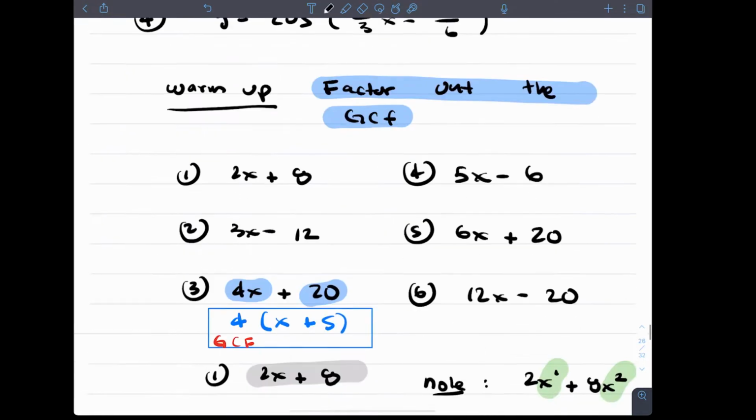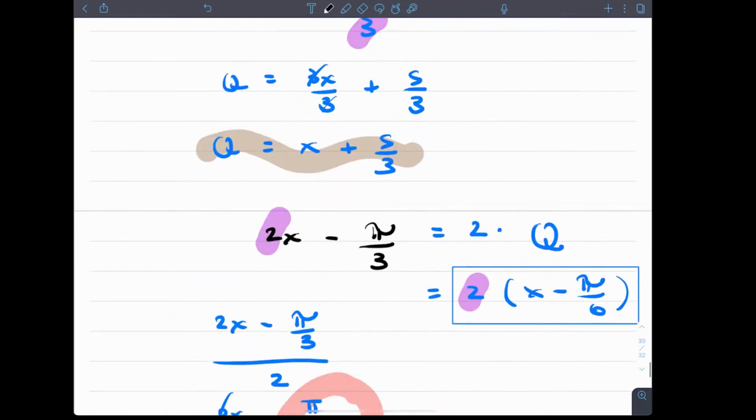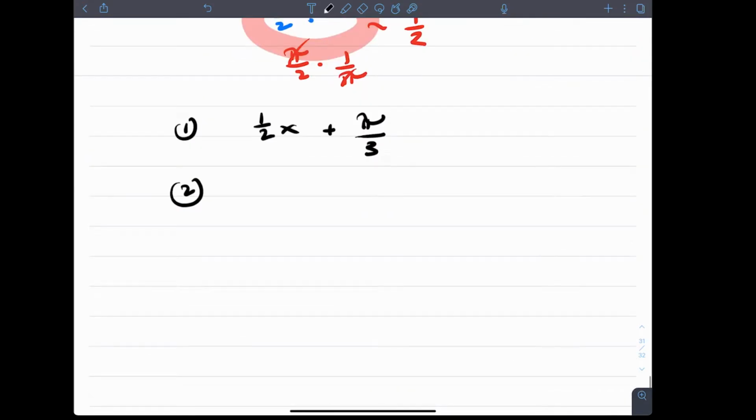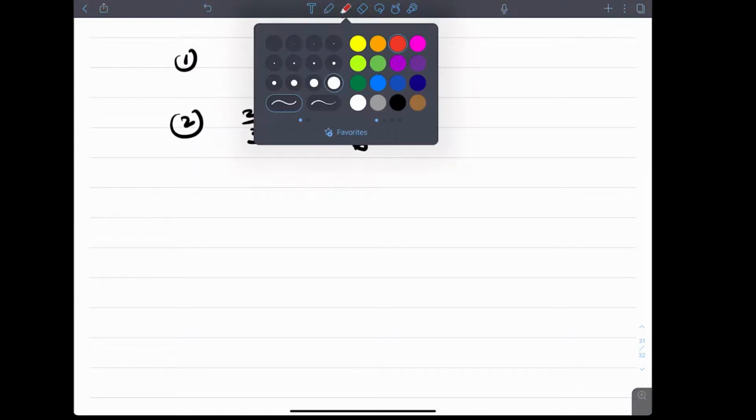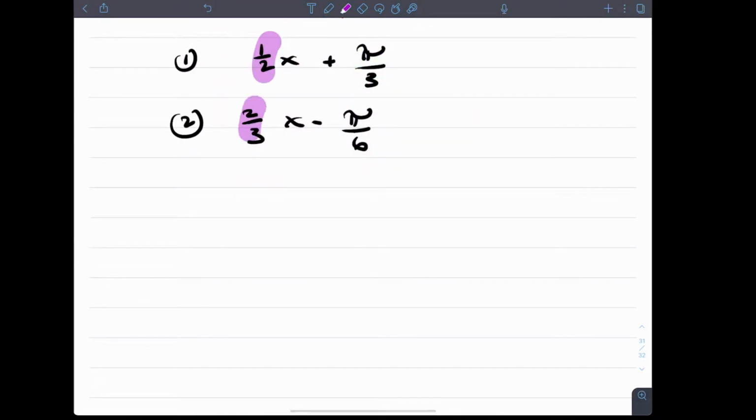Two-thirds x minus pi over 6. Okay, I'm going to have you guys factor out the leading coefficient there, okay? I'll give you guys some time to do that. Let's see what you guys get.